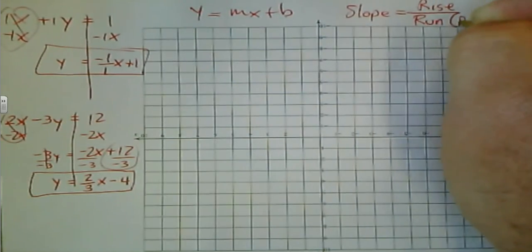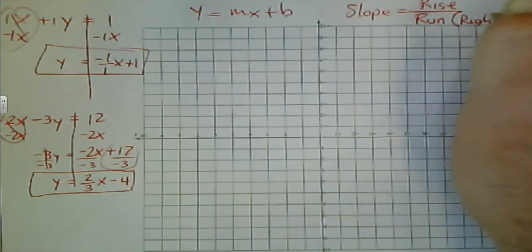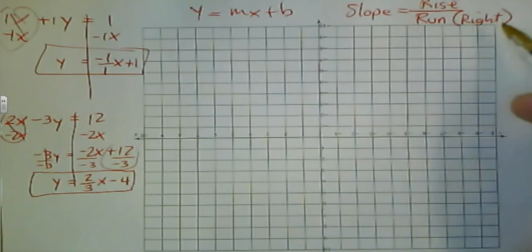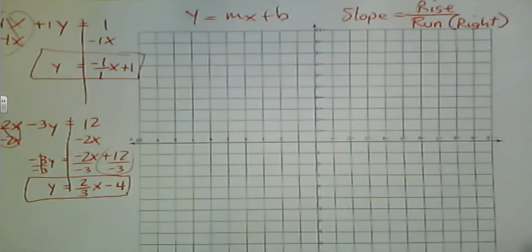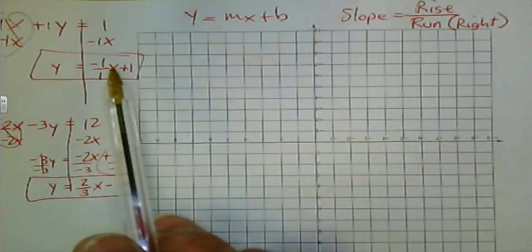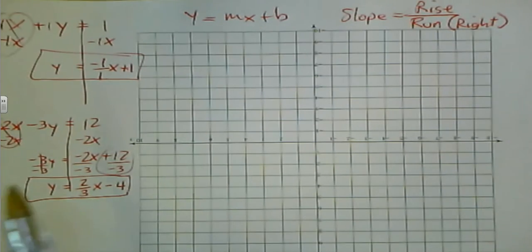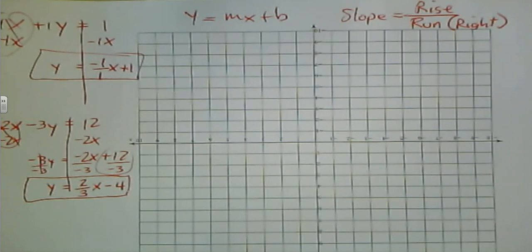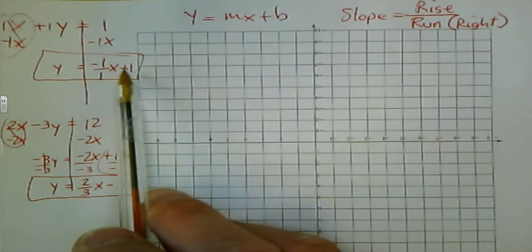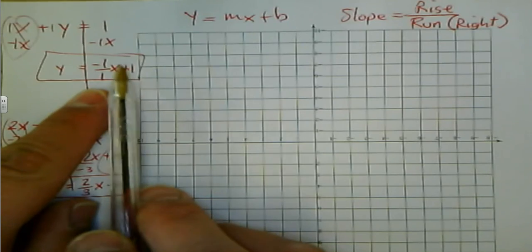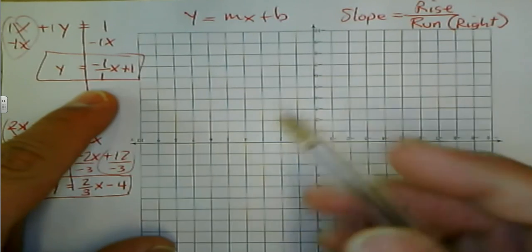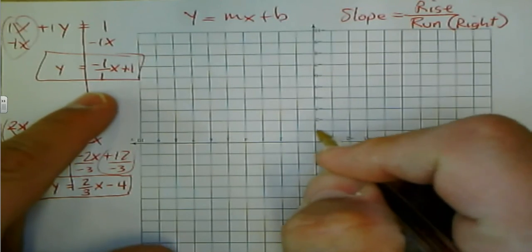So the big pirate, RRR, rise over run, right. That's our first one. So let's get our first line here, and I'm probably going to pull a black pen out, two different colors here. Blue isn't going to really work. So y-intercept, that's that number at the end. That's where I'm going to put my first dot, on 1 on the y.